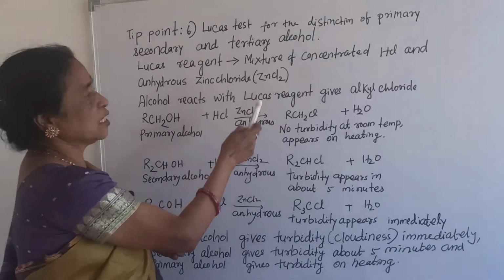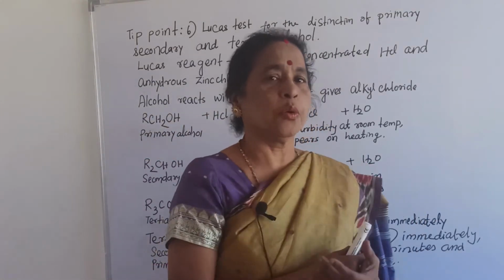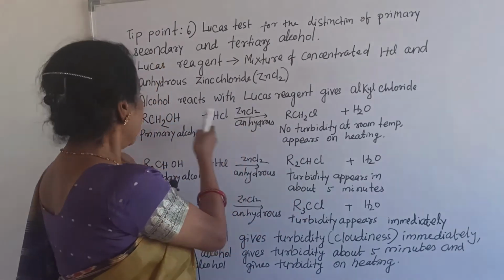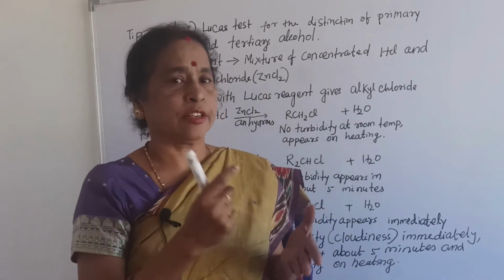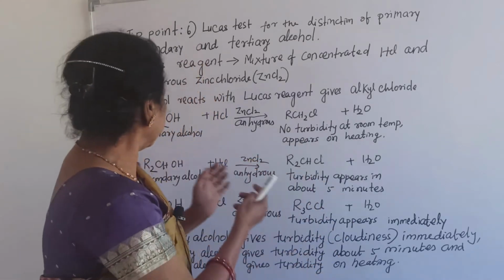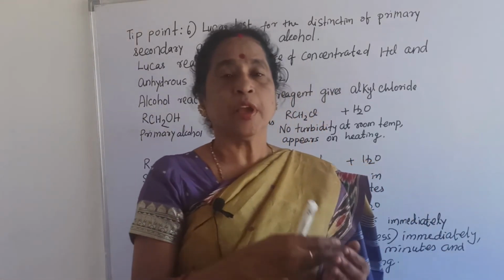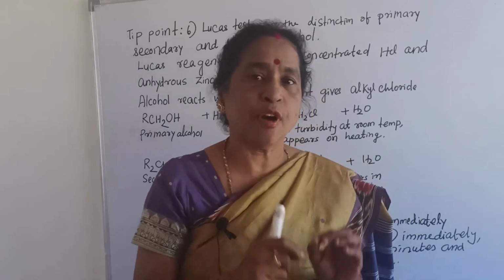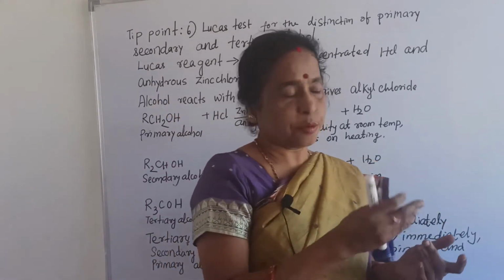Lucas reagent is a mixture of concentrated hydrochloric acid and anhydrous zinc chloride. When you treat Lucas reagent with primary alcohol, only on heating does a turbidity appear. When secondary alcohol is treated with the Lucas reagent, it gives turbidity within 5 minutes, that is cloudiness.